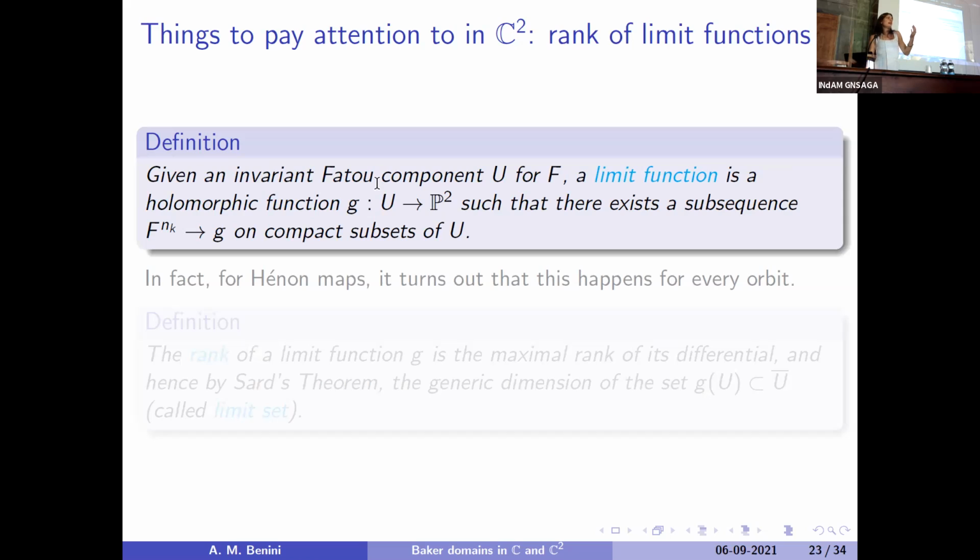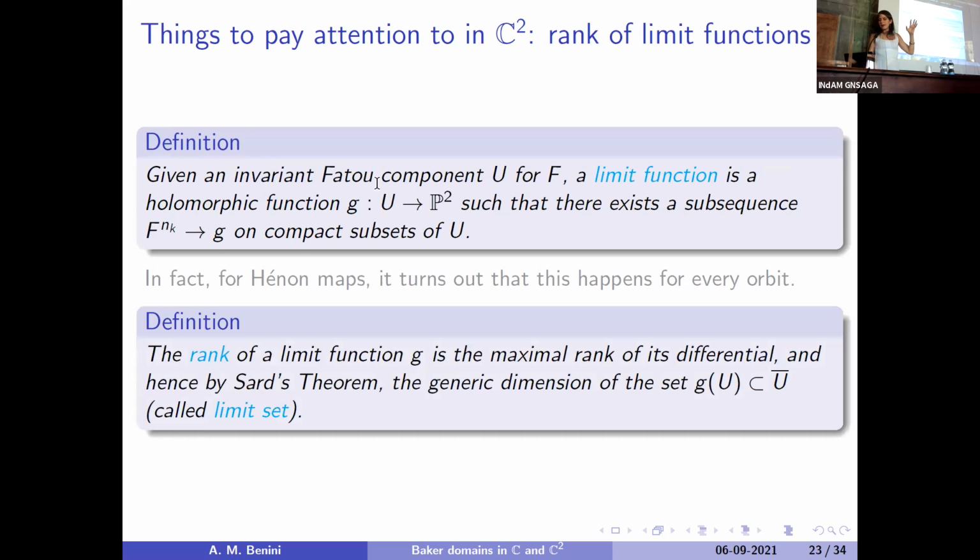And so a limit function is just, you remember when we defined normal families, we said a family is normal if every sequence of iterates has a convergent subsequence. Now, all these limits are called limit functions. Let me go over the definition, then I will explain by hand waving.